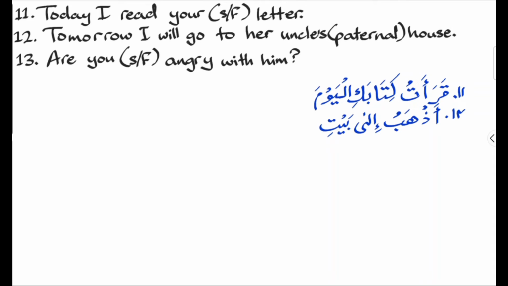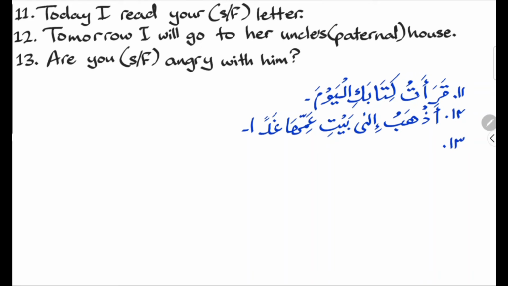So you start from the house, which is bayt, then you add paternal uncle, which is am, and then you add the her, which is ha. إلى بيت عمها. أذهب إلى بيت عمها. And lastly, you add the tomorrow, which is غدا. أذهب إلى بيت عمها غدا.